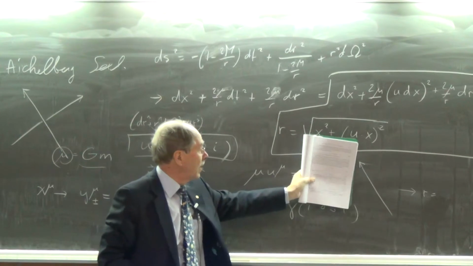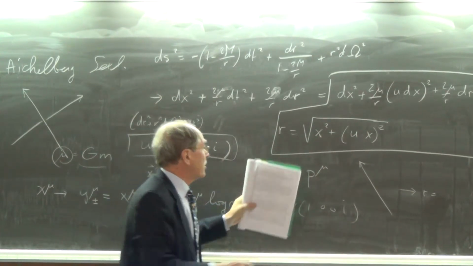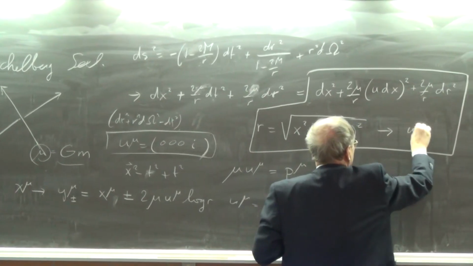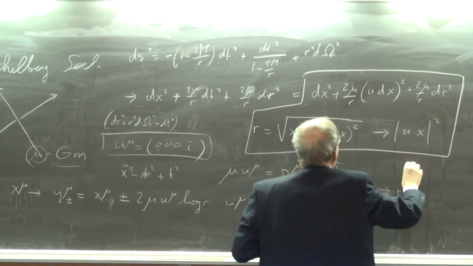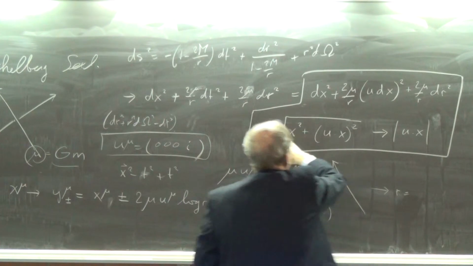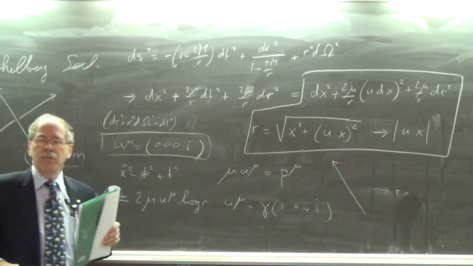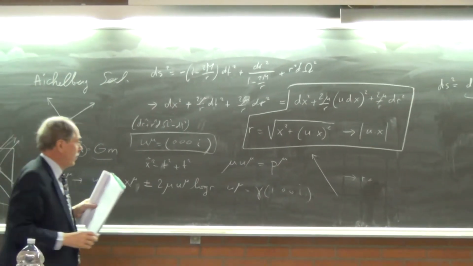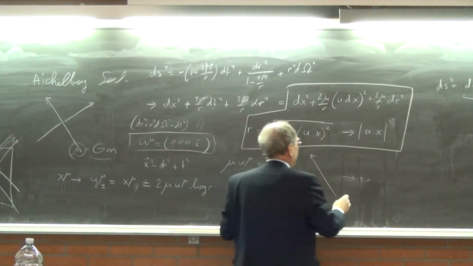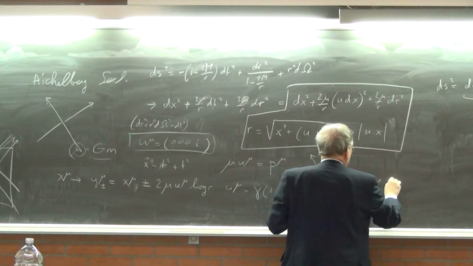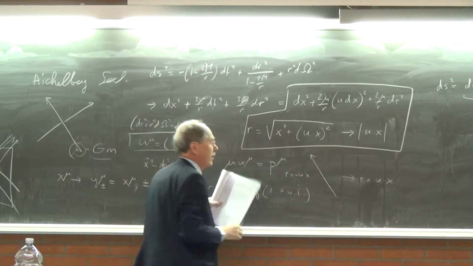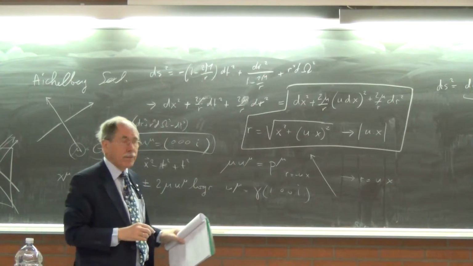So this term will rapidly dominate over this, and that means that this will go to the absolute value of u dot x squared. So now you have to make a distinction. If u dot x is positive, then r is u dot x. And here, r is minus u dot x, because u dot x is negative and r is positive.